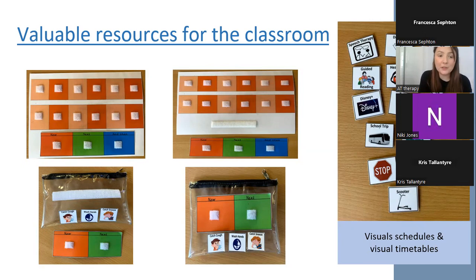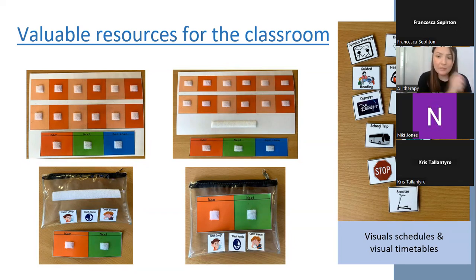It's made on Word using the table format, and I've filled in the boxes with specific colours that I know the learner likes. We've got our now, next, and then strip underneath, which has Velcro and is easily detachable from the visual timetable. The pencil cases at the bottom were like 99p from Amazon, again with Velcro, making it easily adapted.